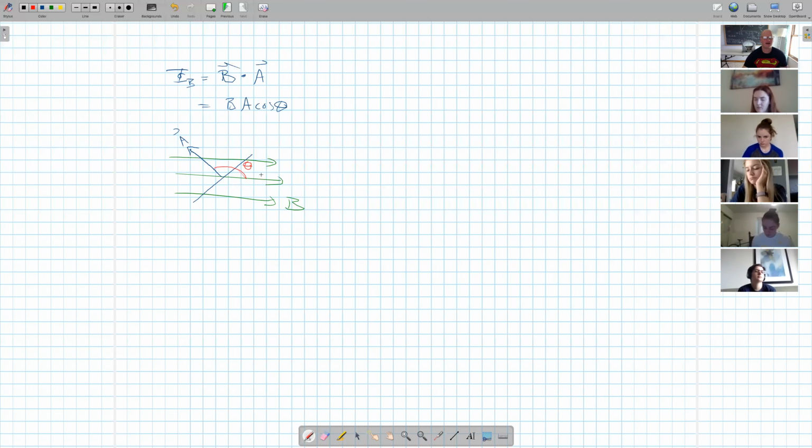So this is theta. What this says is that the magnetic flux is equal to the number of magnetic field lines which pass through that area.